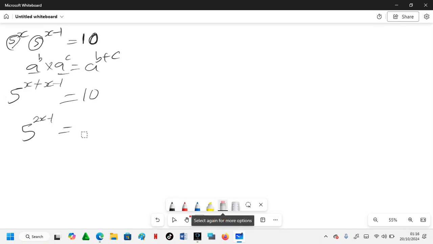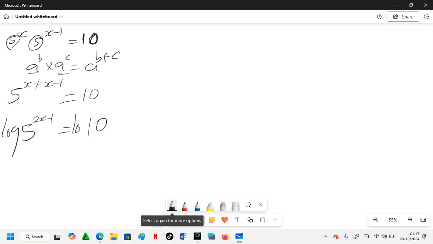And of course, the next step remains the same. We introduce the logs on both sides, and then we drop the powers. So (2x minus 1) log 5 is equal to log 10.